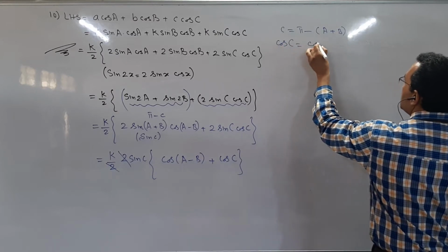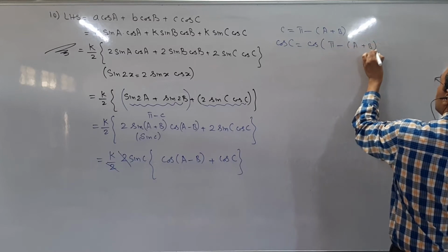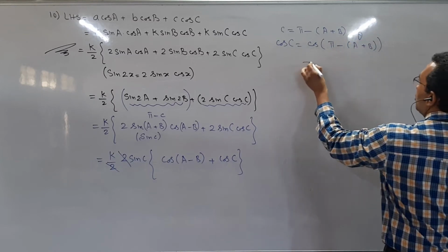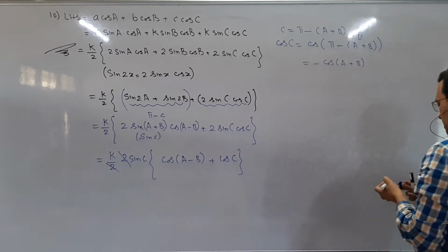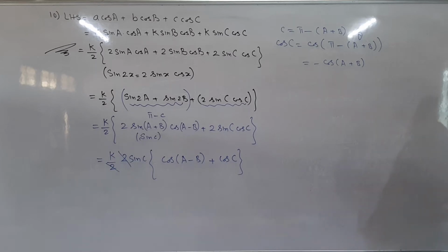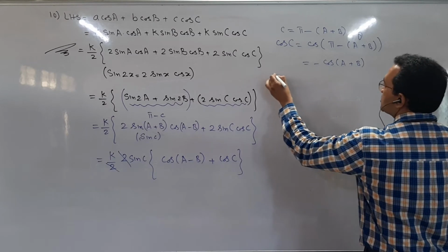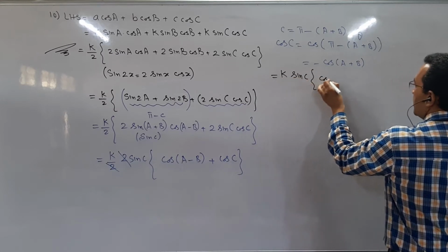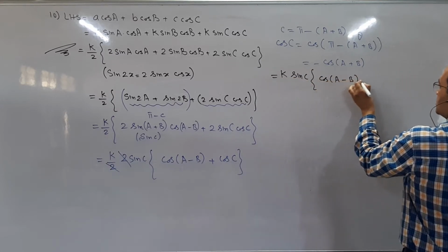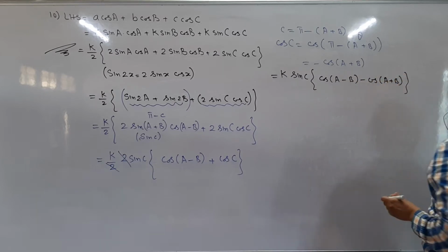So cos C will be cos of (pi minus (A plus B)), and cos (pi minus theta) is minus cos theta. So cos C will be replaced by minus cos (A plus B). So this is k sin C into bracket cos (A minus B) minus cos (A plus B).